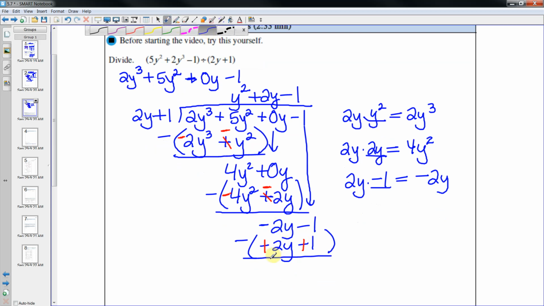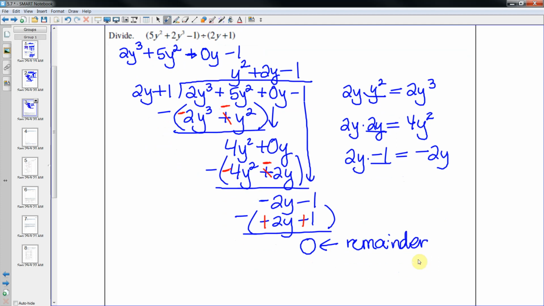And negative 2y plus 2y would cancel. Negative 1 plus 1 would cancel. So I have a 0 for a remainder. So in this one, I'm not going to have to write that remainder fraction at the end because I have 0 for a remainder. So my answer is y squared plus 2y minus 1. And that's how you do long division.